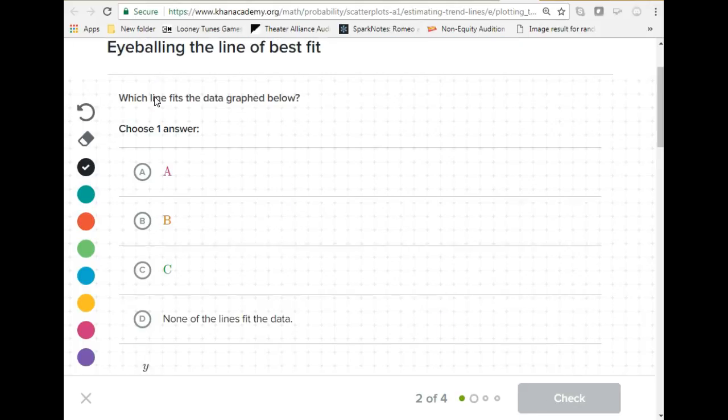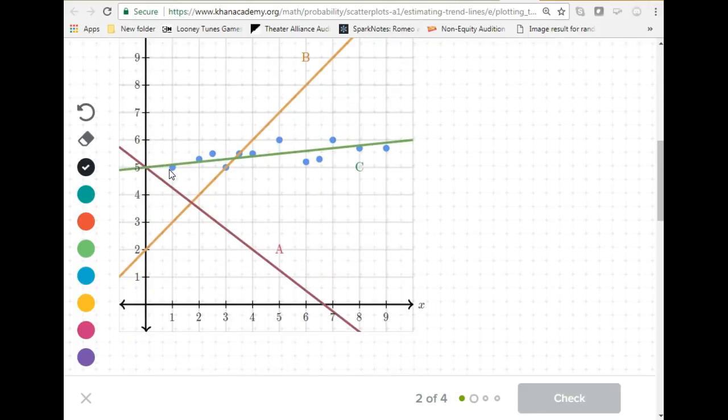So now, we can find another one. This one is really compact, and you can see that C is cutting through the points evenly, and it's really close to the actual data. Whereas A is negative, where this is clearly a positive, a very low positive, but a positive nonetheless.